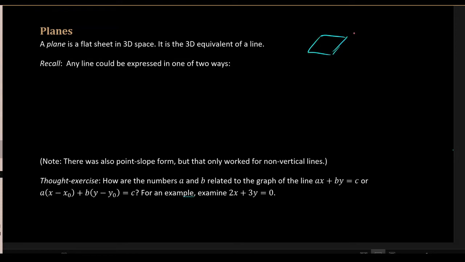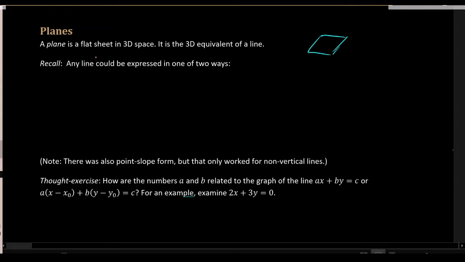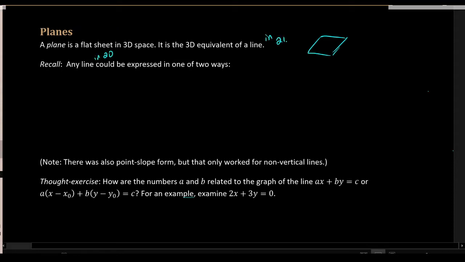Now, because planes are to 3D as lines were to 2D, let's take a step back and think about what we know about lines in 2-dimensional space. Any line in 2-dimensional space could be expressed in one of two formats.